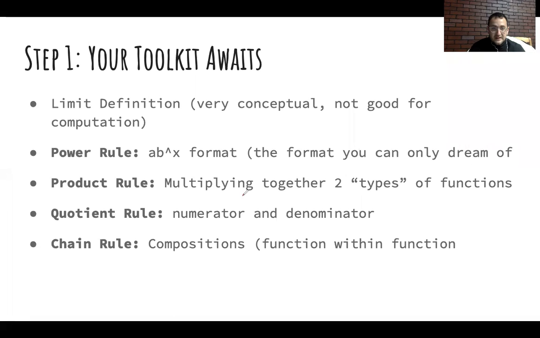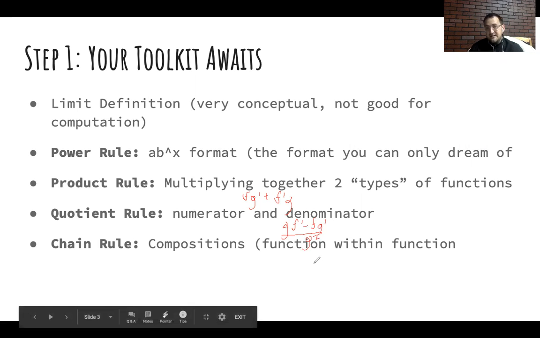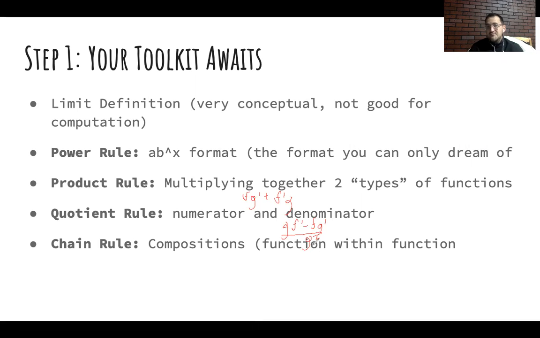So remember, product is f g prime plus f prime g, and then quotient rule is g f prime minus f g prime over g squared. And then the compositions, we talked about the u approach. Let's actually take a look at the derivative that I gave you.